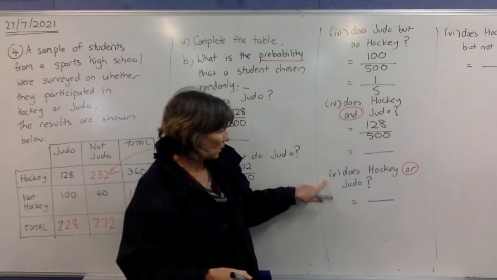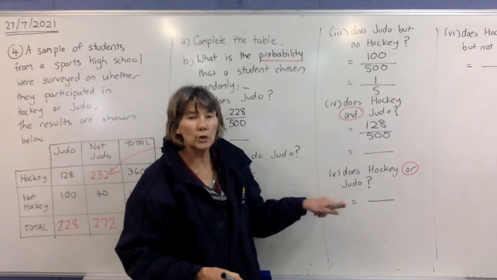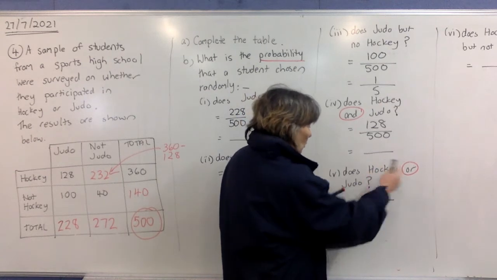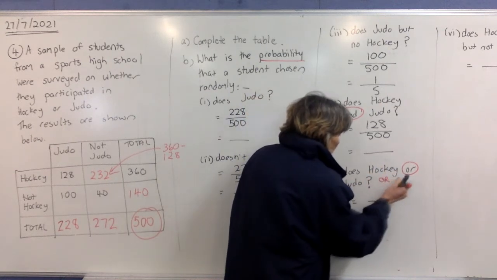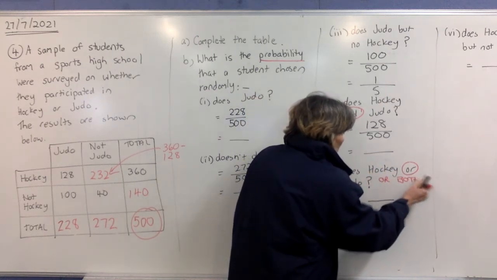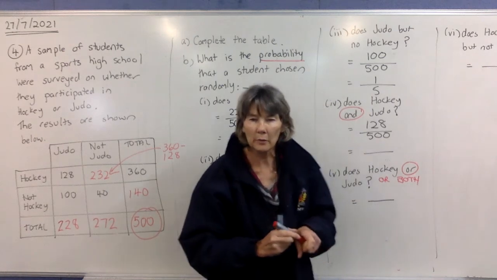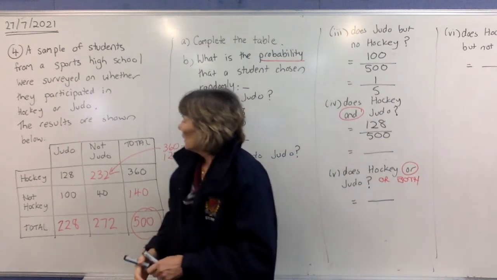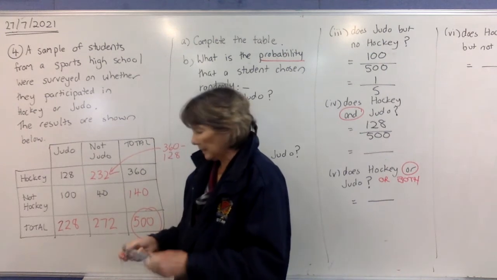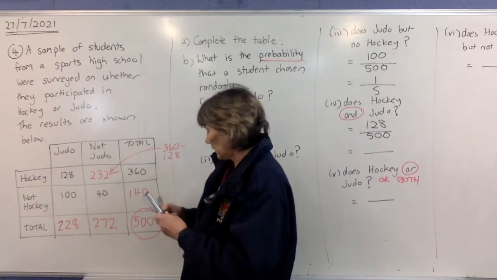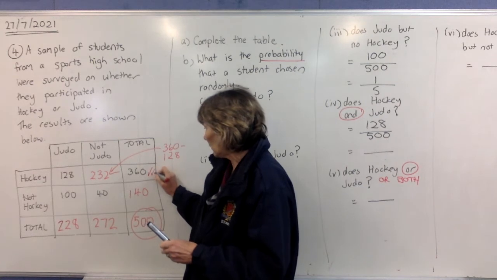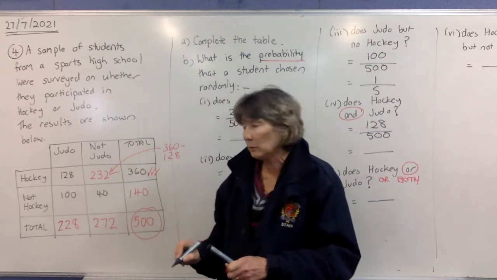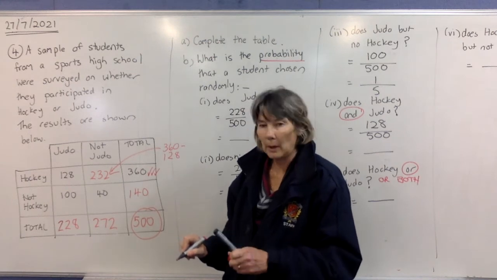And then we want, does hockey or judo? Now remember that "or" is what you've got to be careful with. So it's hockey or judo or both, don't forget. You will get this wrong if you don't remember that it is "or both". So come over here, we want them to do hockey. So we want these people, that's the total of all the hockeys. Or judo or both.